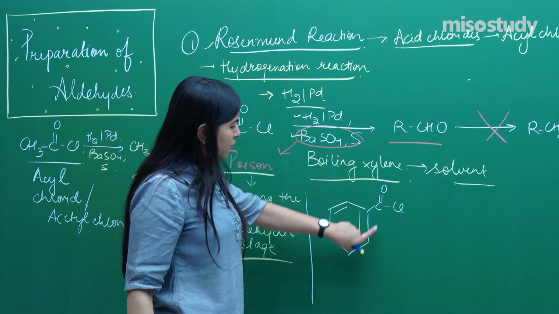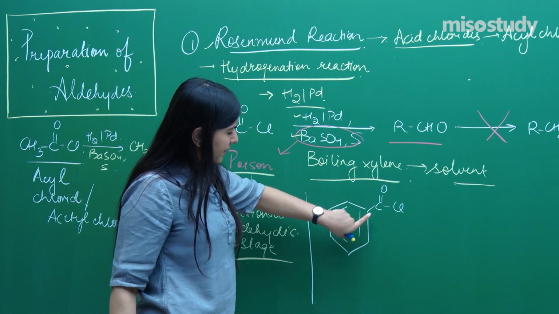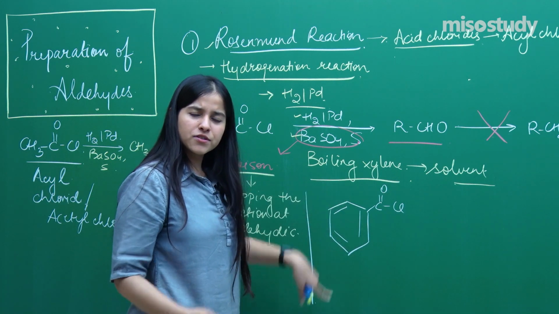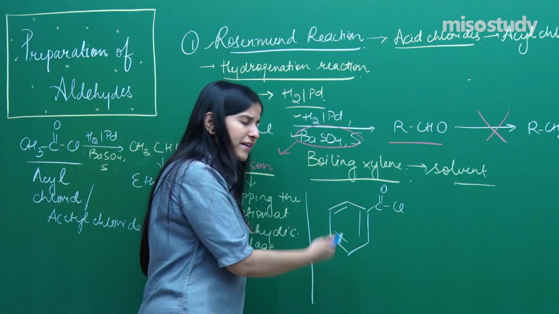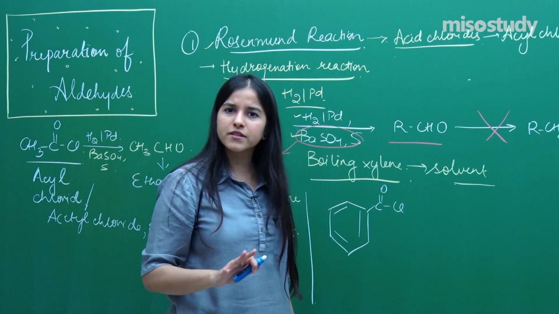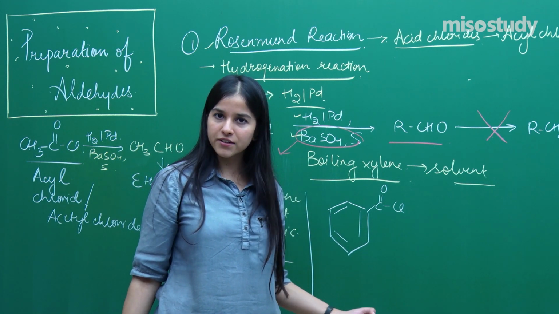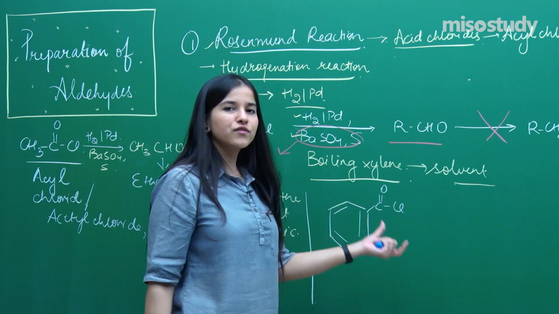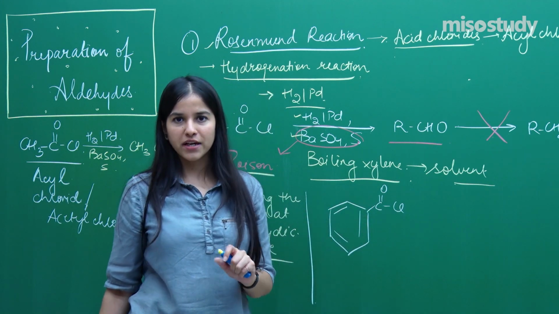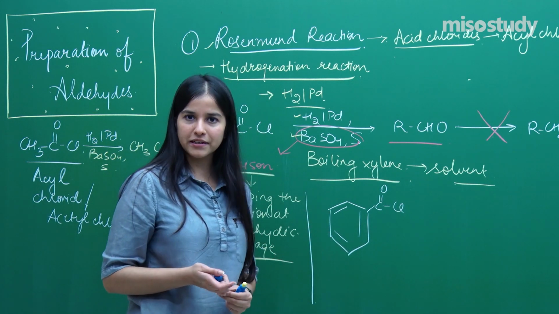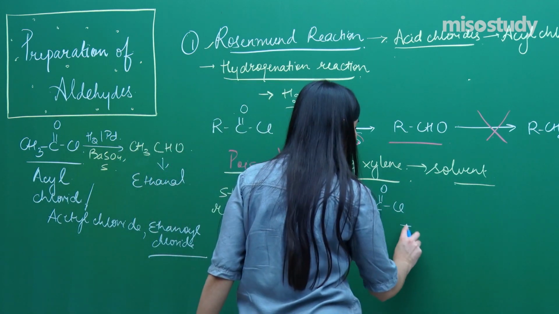So you must be thinking why I am representing this group attached at this position and not this particular position, but here the benzene is actually the same from all the sides. So I can choose any of the sides, it's quite symmetric, right? So you can choose even this side for the representation, that is up to you completely. As per your convenience you have to do it.